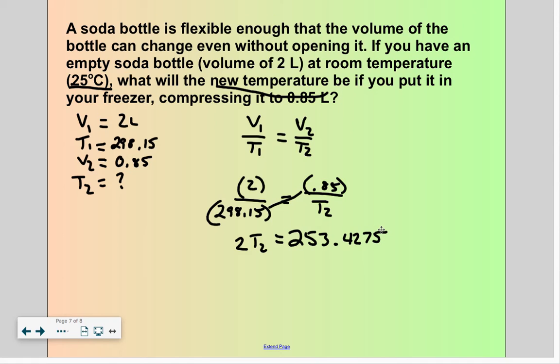At least on my calculator, that is the whole number. Then I'm going to divide that by 2.